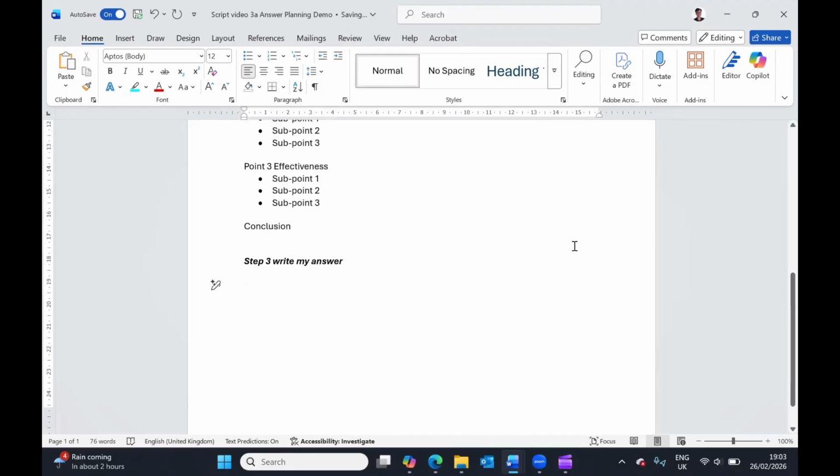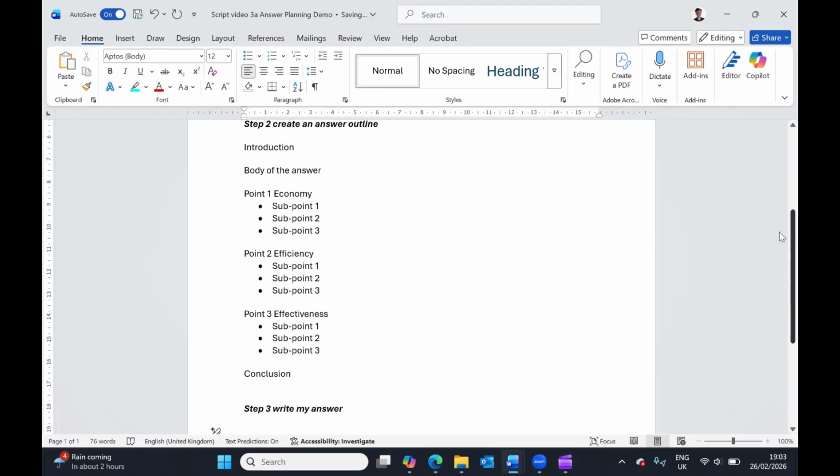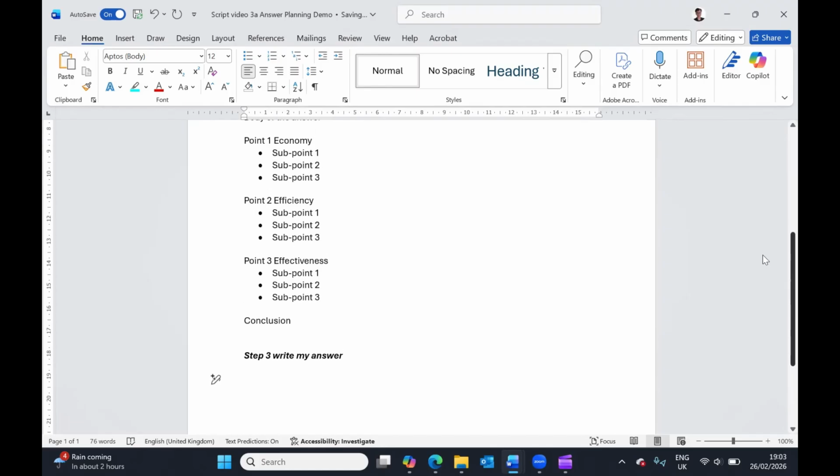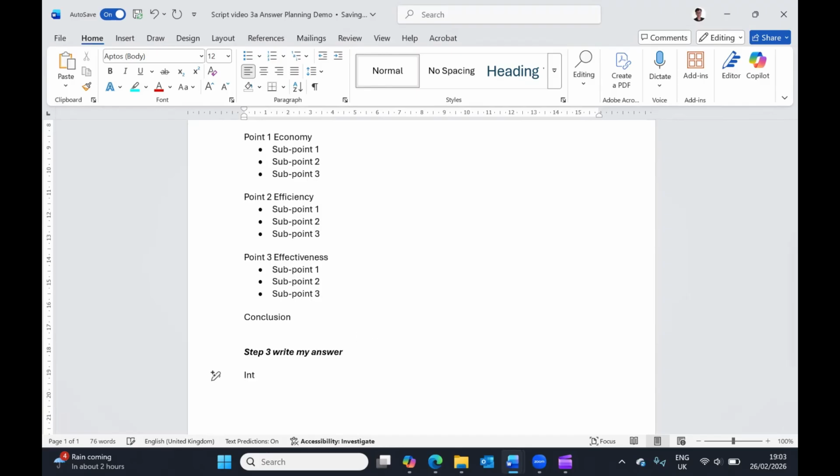And so here I'm going to use, as I said, my outline from step 2, and that's going to help me write my answer. It's going to help me stay on point. It's going to help me be more focused, avoid a lot of waffle and writing a set of extra stuff. So introduction might say something like, I will use the 3 E's model to analyze the performance of XYZ organization.